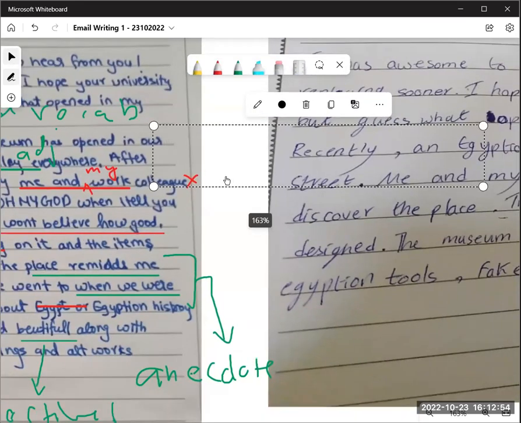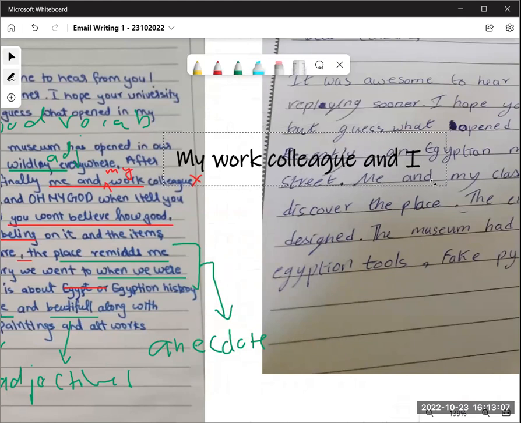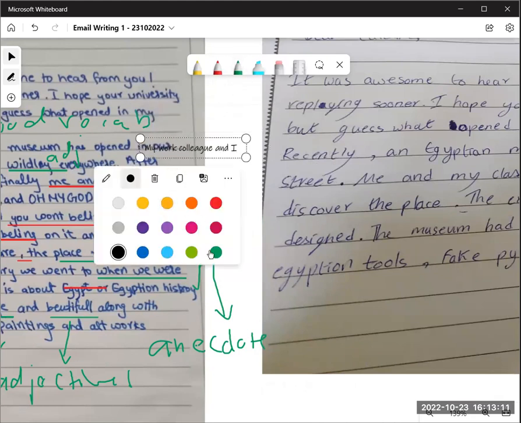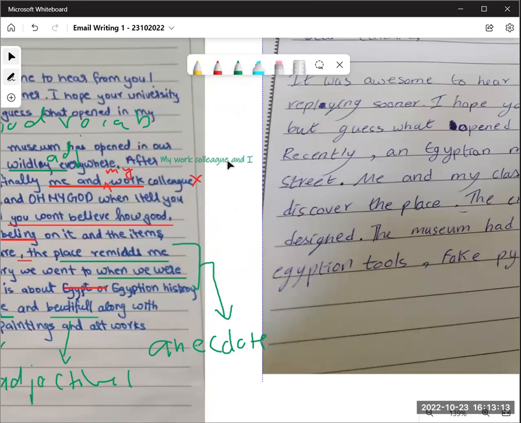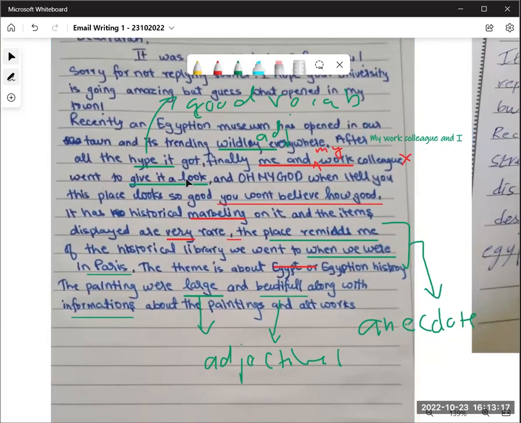Whenever you're writing about someone else, you say my work colleague and I. Is that clear? My work colleague and I. That's the correct way of writing it. My work colleague and I went to give it a look.